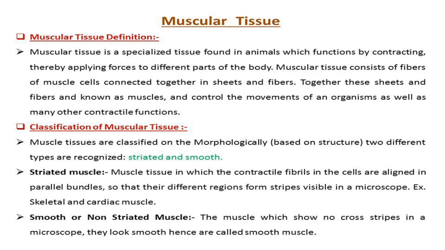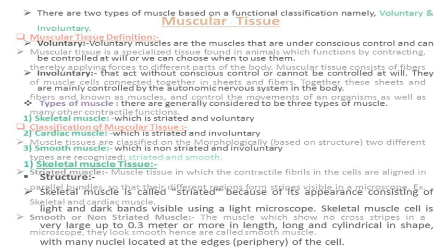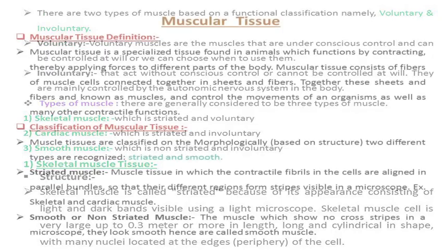This classification of muscular tissue was already discussed about five minutes ago. Muscular tissue is classified into three types: striated muscle, including skeletal muscles and cardiac muscles, and non-striated muscle, which is called smooth muscle.